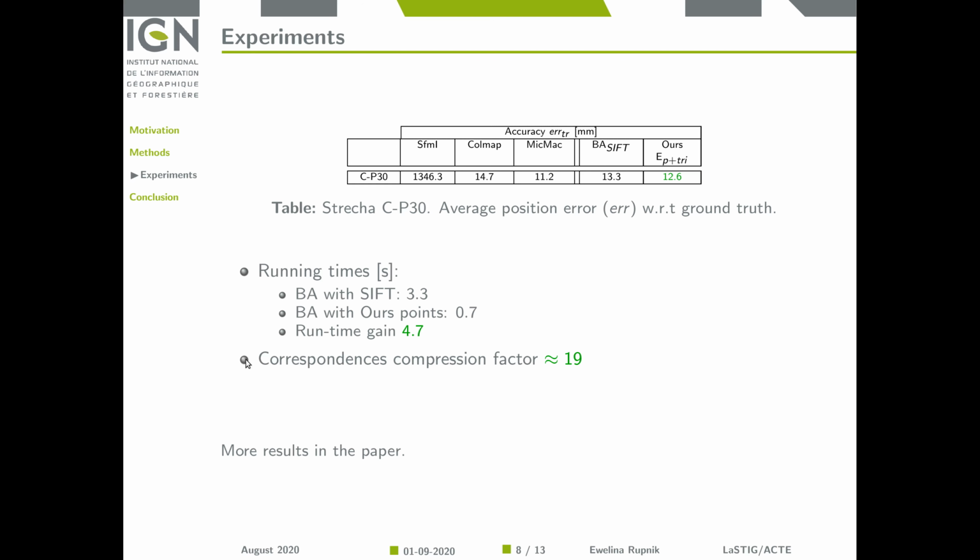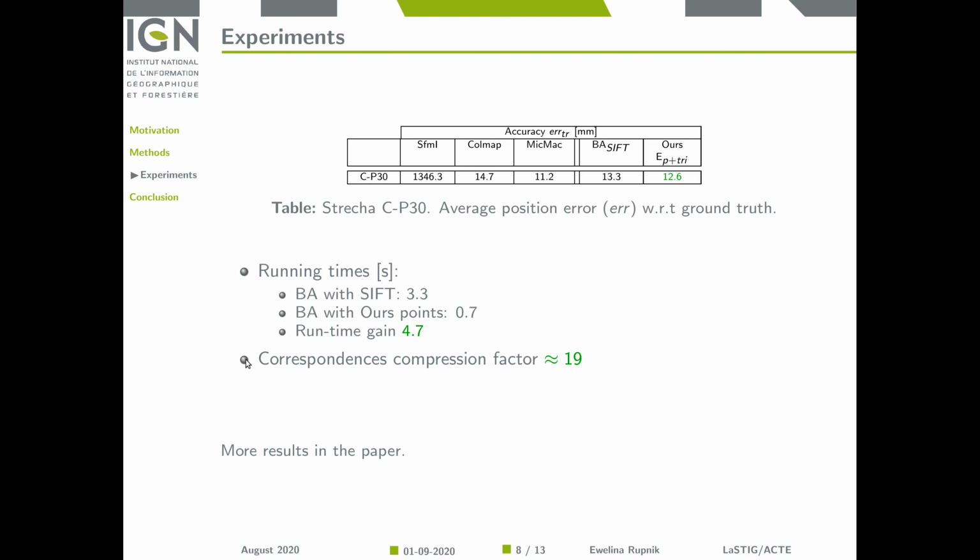Bundle adjustment run on the SIFT full structure as well as on the approximated structure converge to 30 mm. The runtime of our approach turns out to be 5 times faster for this particular dataset, and the ratio between the full and the approximated structure is equal to 19.